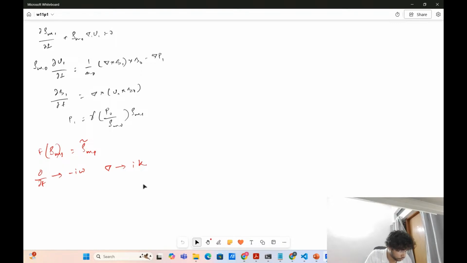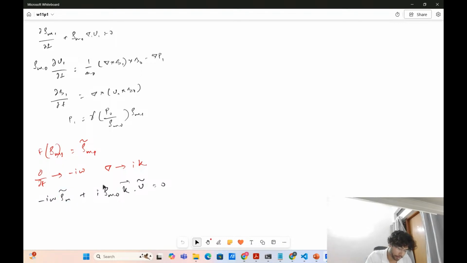So the first equation, the continuity equation, becomes like this. I'm just dropping the subscript of 1 because we just have the tilde for this.